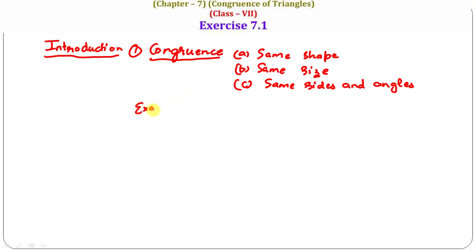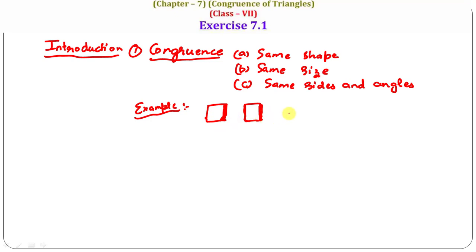For example, if you have two books, suppose this is a book and the second is also a book. These two books are said to be congruent if they have the same shape, same size, and same sides and angles.